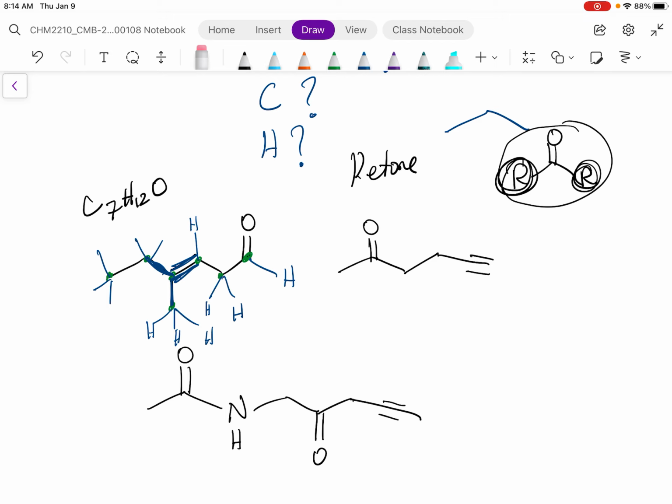But how many carbons did you guys count in this molecule here? 5? 6? Let's count them. 1, 2, 3, 4, 5, 6.